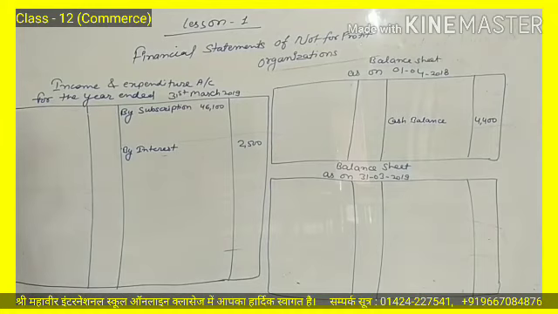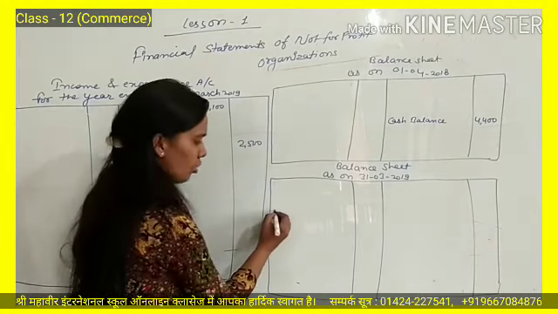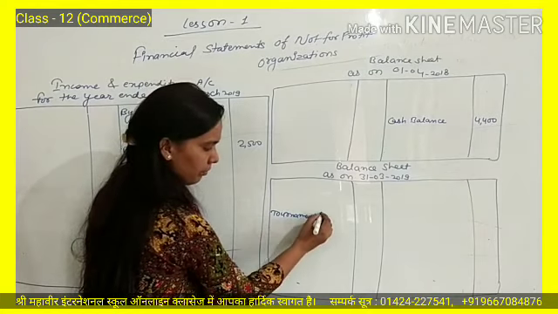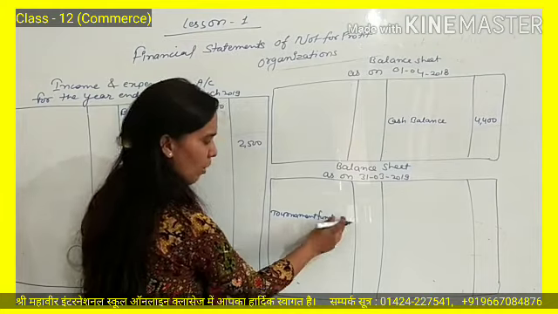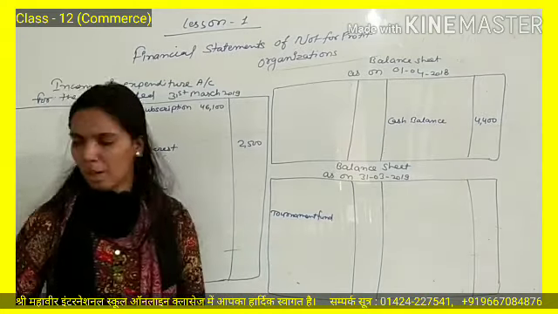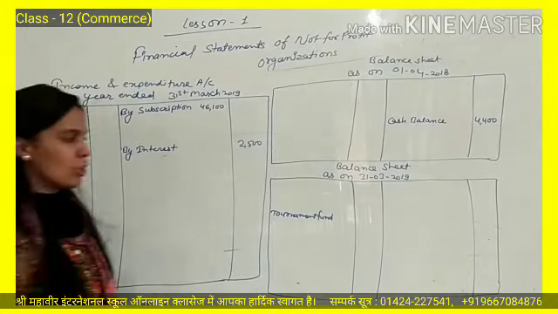Tournament fund. All the funds are shown in the balance sheet, so write here tournament fund. You may write the amount in the inner column, because there may be some expenses related to the tournament, so the amount is 12,000.